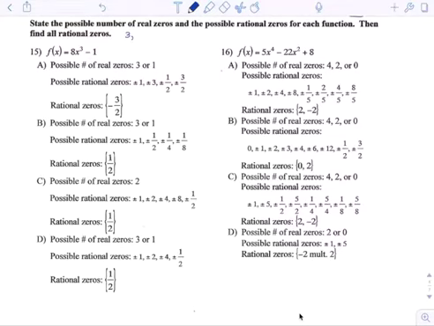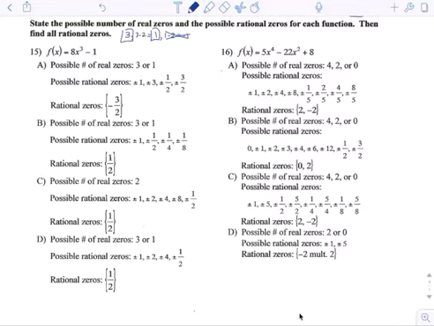The next one, you take your highest degree and subtract 2. That's 1. And you cannot go further than that because if you subtract 2 from 1, that's going to be negative 1, which is bad. So that can't be a possible number of real zeros. So our possible numbers of real zeros are 3 and 1.